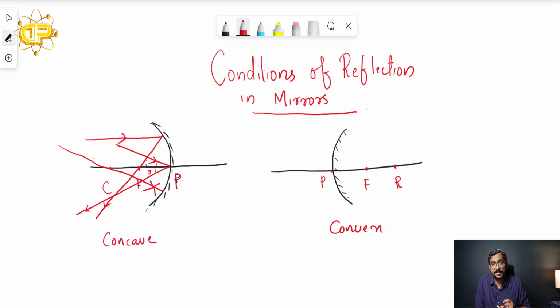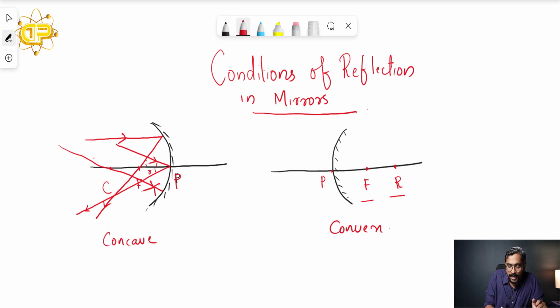And one more condition is there: if it is passing along the principal axis, then also it will rebound back. Now in the case of a convex mirror, you must notice that the principal focus and the ray are on the right side of the mirror.